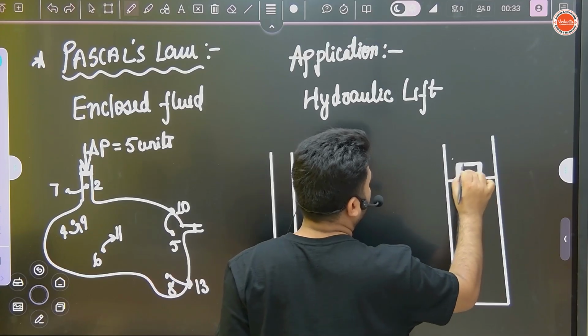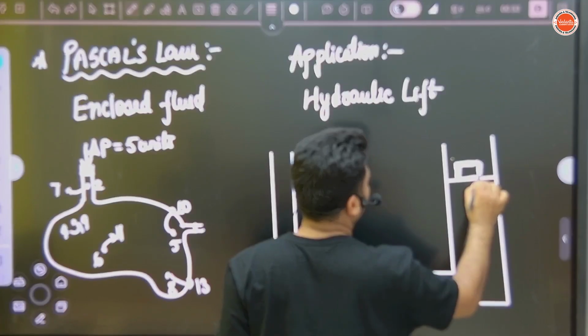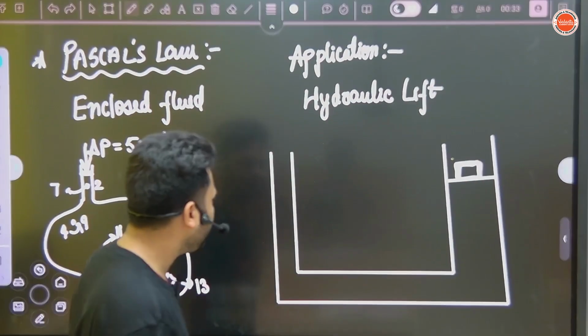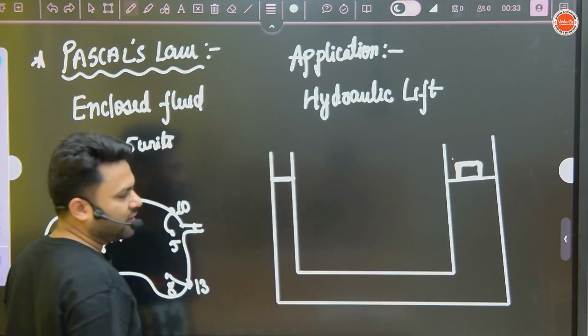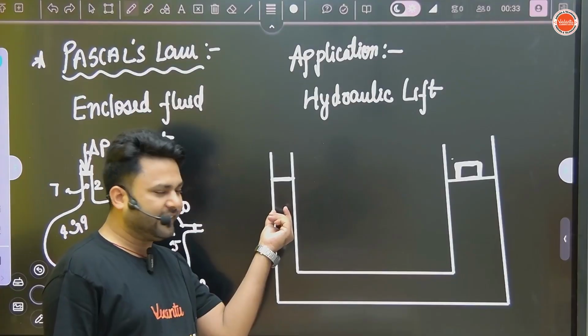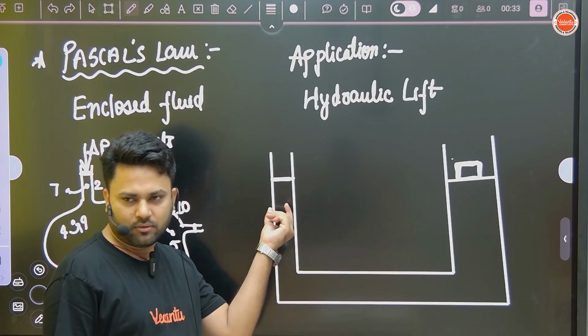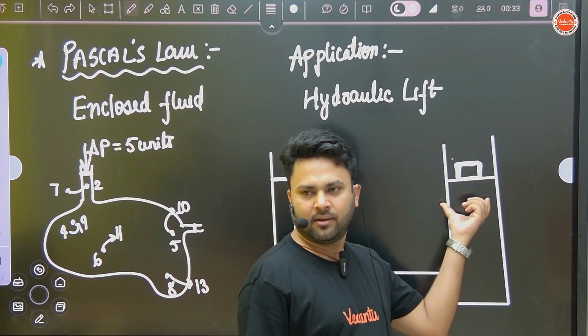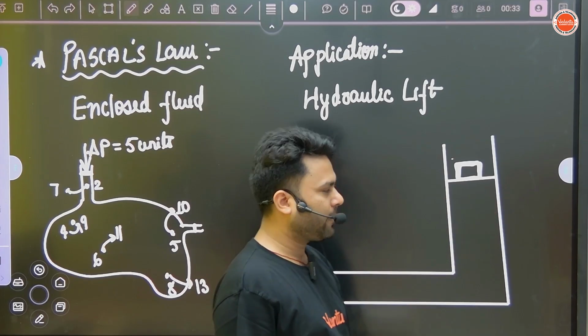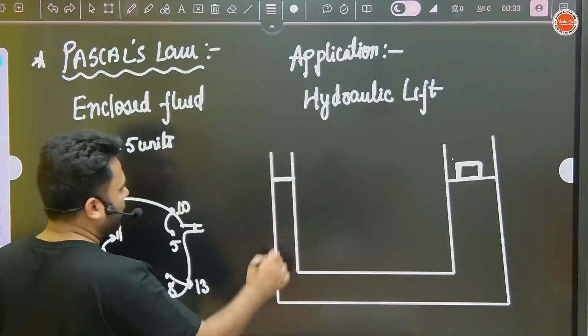Suppose this is the car or any object we want to lift. What we will do, this side area we will take very narrow and this side area we will take very large area. Correct?